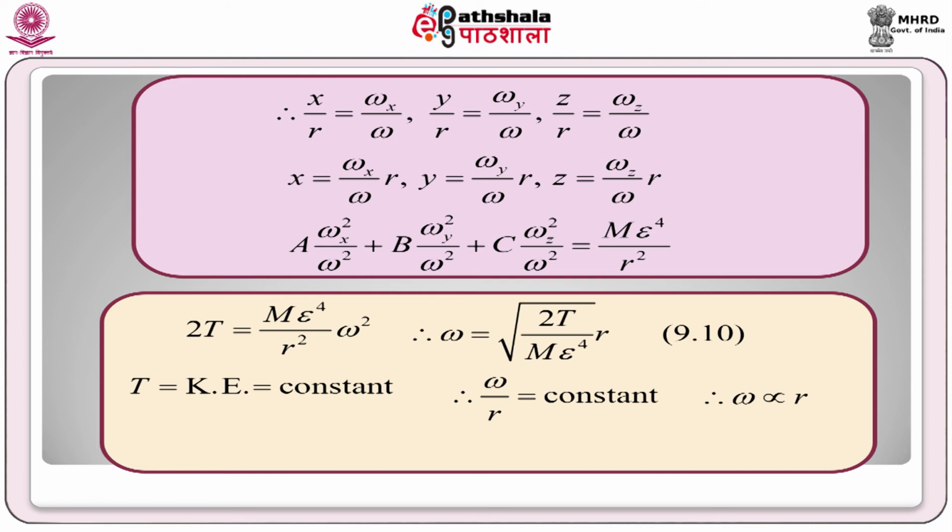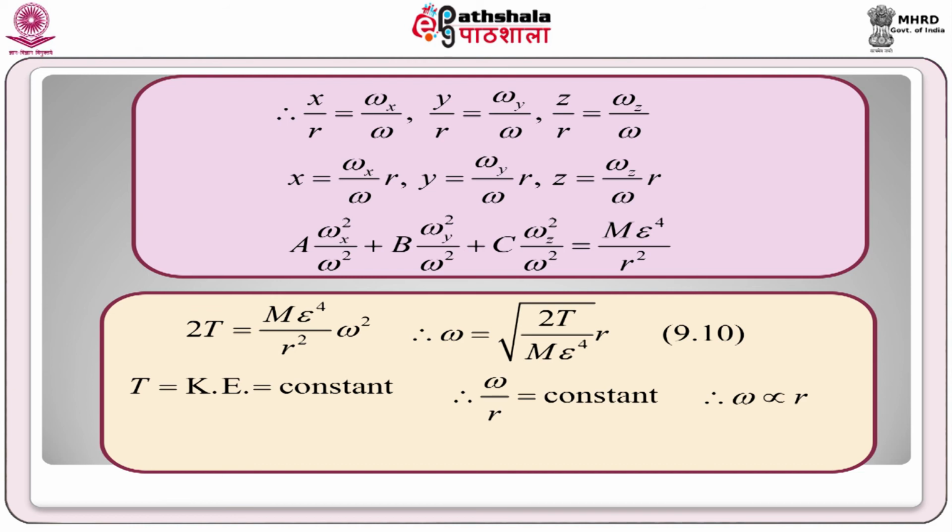If we multiply both sides by ω squared, then the left hand side becomes capital A ωx squared plus capital B ωy squared plus capital C ωz squared, which is 2 into kinetic energy, that is 2T, and the right hand side becomes capital M ε to the power 4 divided by r squared into ω squared.